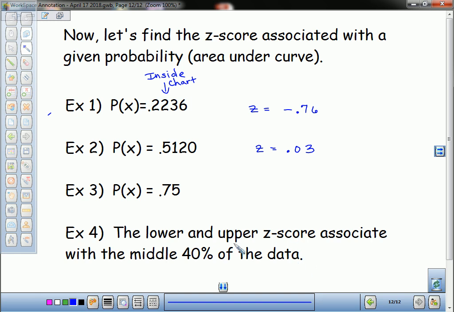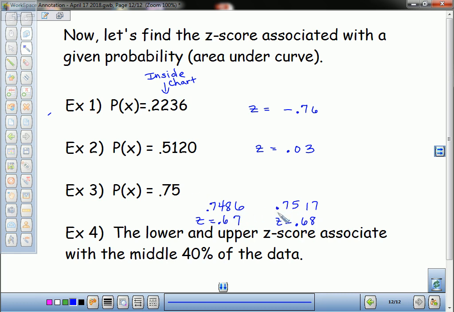So, the next one. There isn't a 0.75 that I can see straight away. That's right. There's an area of 0.7486, and that z-score is 0.67, and then right beside it is 0.7517, and that z-score is 0.68. 0.75 is kind of in between, isn't it?